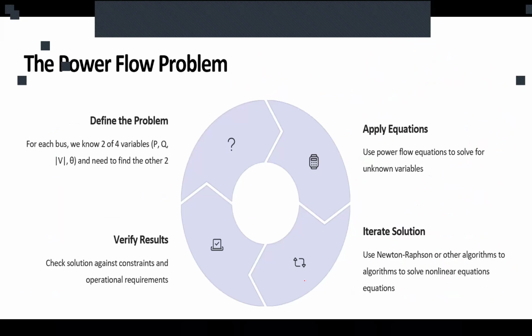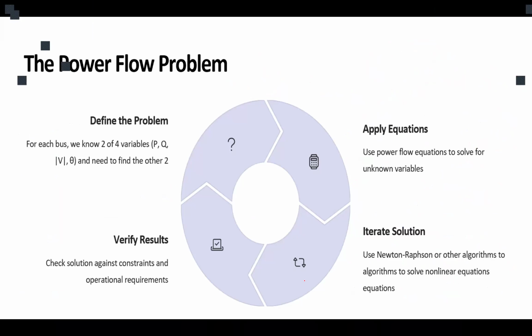But normally, when you want to analyze the system, you already know 2 of them. So either you know P and Q, and you want to find the other 2, voltages and thetas, or you know, for example, P and voltages, and you want to find out what Q and thetas are. So you know 2 of them, and you want to find the other 2 from those 4 variables.